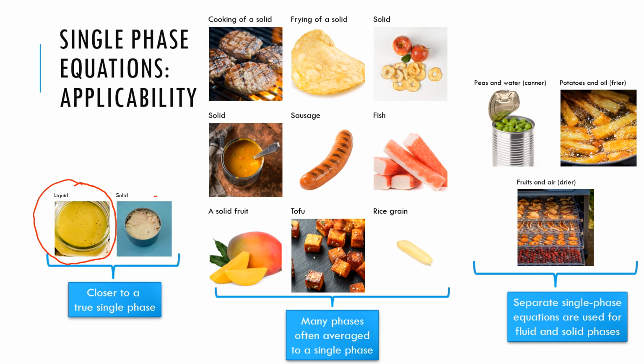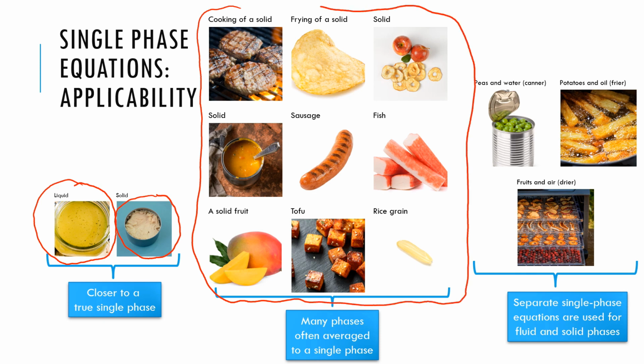You can even extend to some simple solid heating situations where there's not much complication. But the equations that we derived here are the most widely used. They're the most used equations in food, so they actually apply to more complex situations.